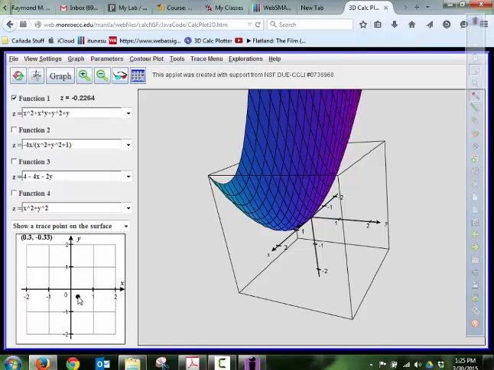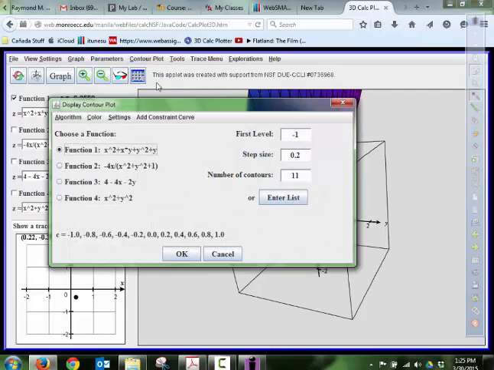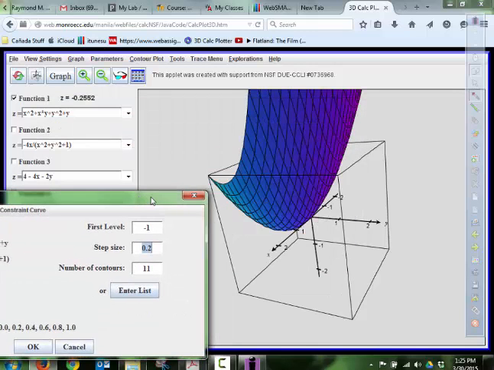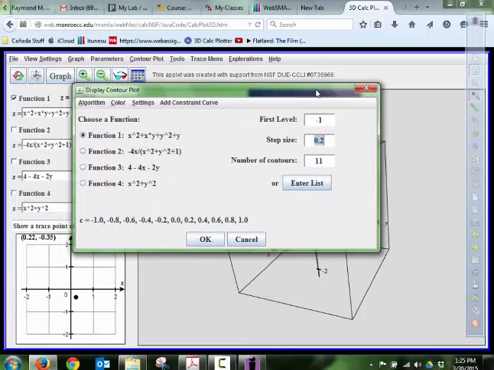I don't know how close I can get there. And so let's do a contour plot. Did anybody figure out the z value for that, by the way? No, huh? Let's just go with this and see what happens.